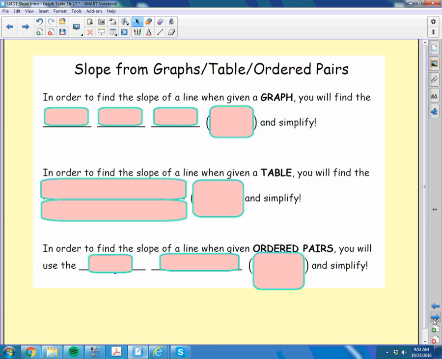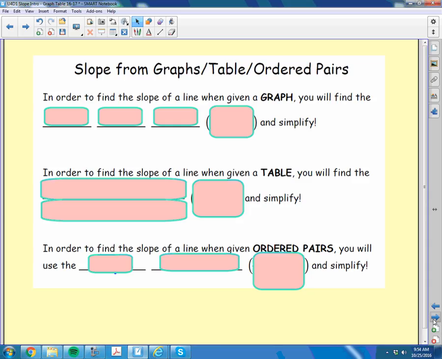Okay. Slope from graphs, tables, and ordered pairs. When we measure slope, and again, this should be a kind of a repeat from last year, just like we can measure length, and we can measure width, and we can measure area, and we can measure the angle of something, we can measure the slope of something. It is a measurement.